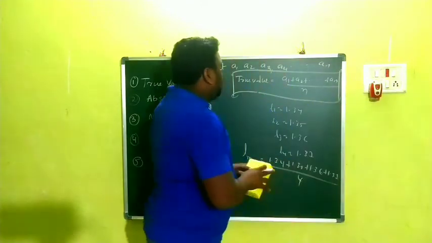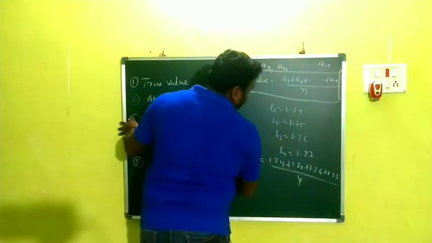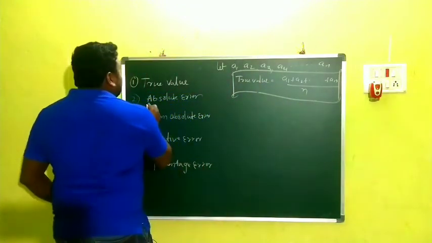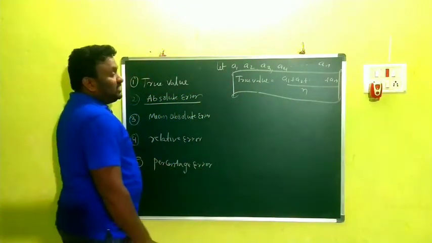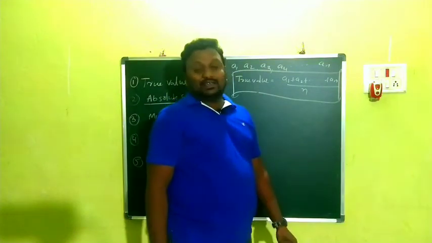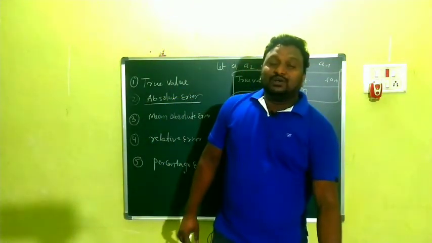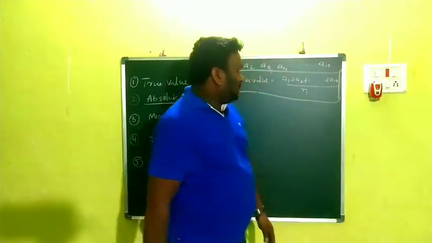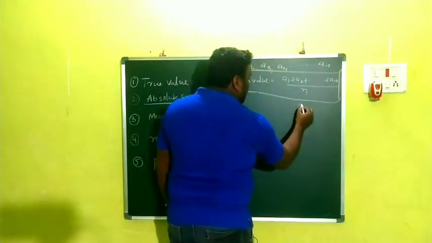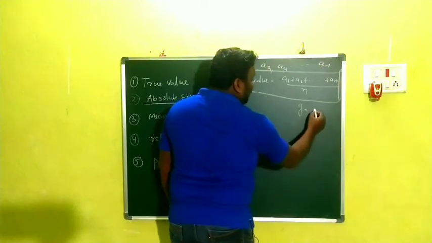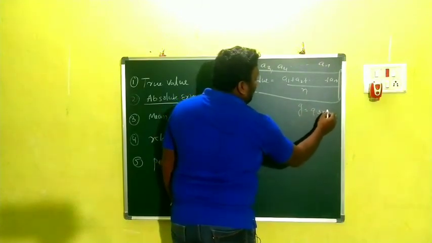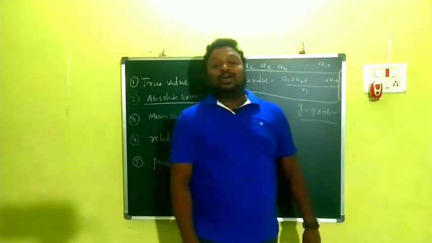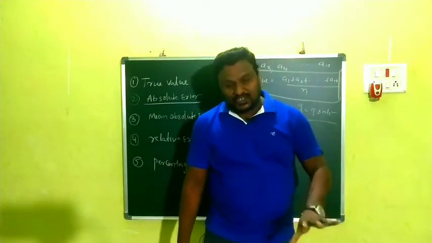Clear? After that, absolute error. What is absolute error? For example, we are doing one simple pendulum experiment. What is the value of g? 9.8 meters per second squared.